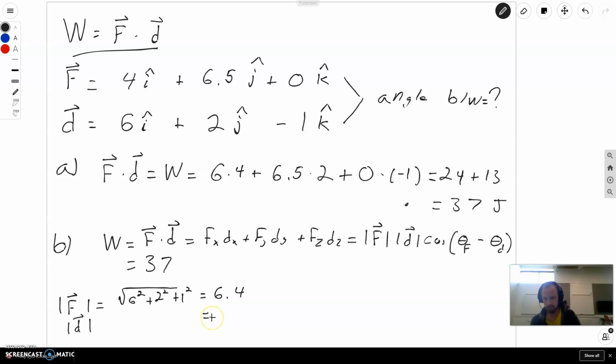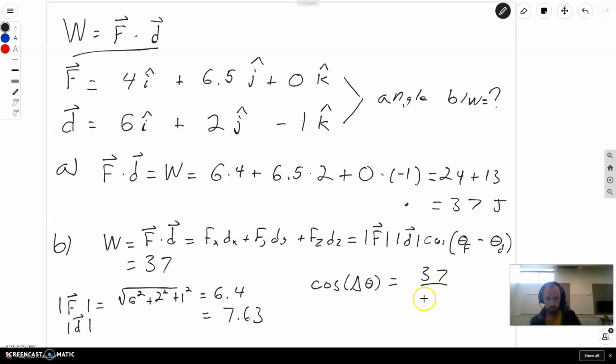And the magnitude of F, following the same formula, is the square root of 4 squared plus 6.5 squared, which equals 7.63.